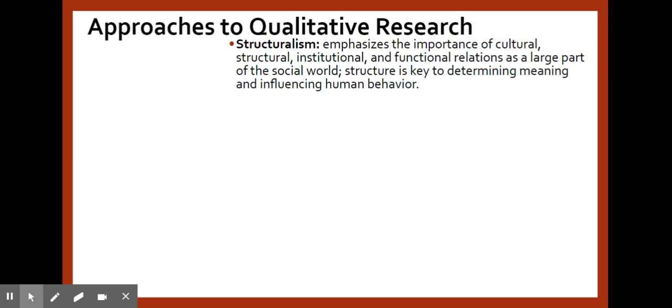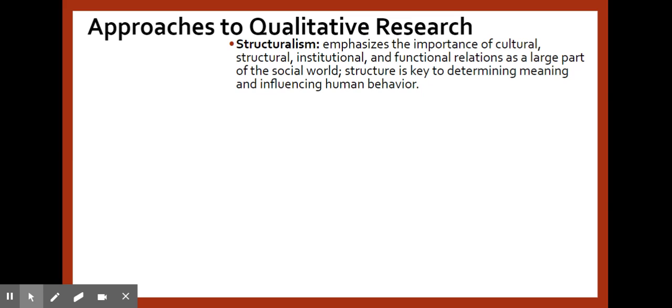So structuralism refers to the importance of cultural structures. So things like institutions, things like political organizations, educational organizations, those kinds of structures that frame society, religious organization.